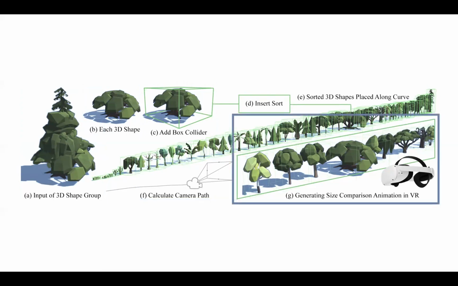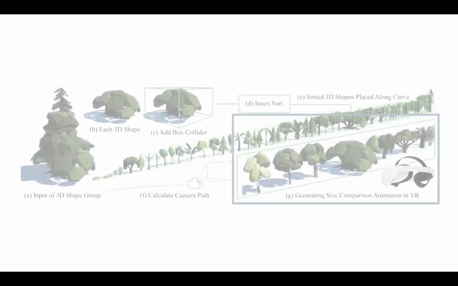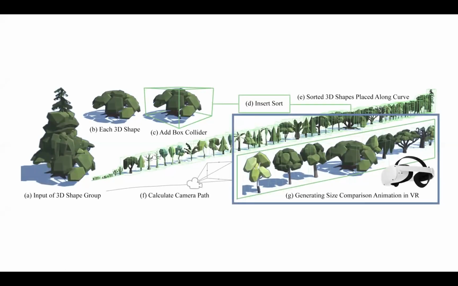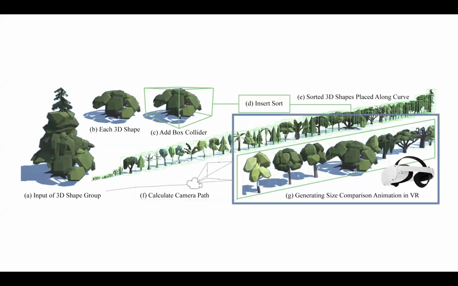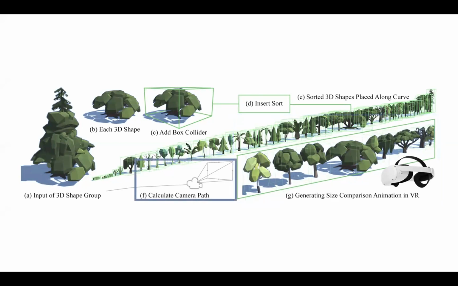In this implementation, we have done this in the Unity editor, so the user can see these animations in VR. This is exactly how we did this project, so that it can automatically generate the size comparison animation in VR. Here are the experiment results.